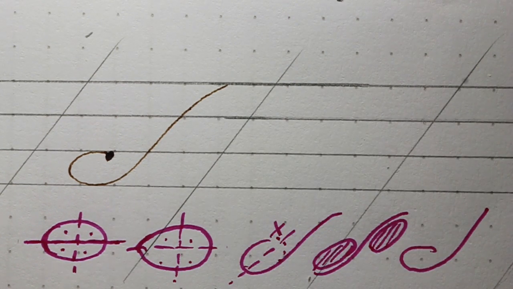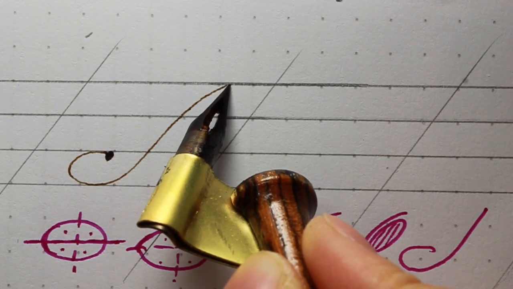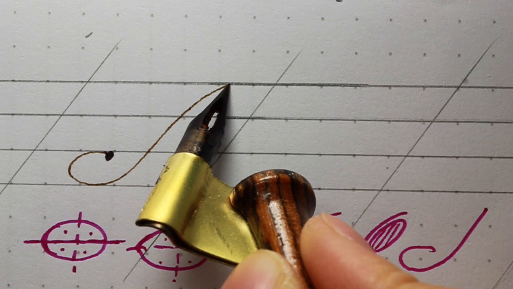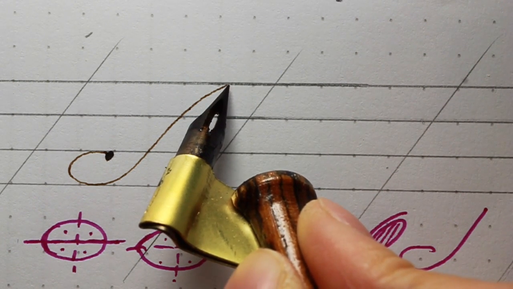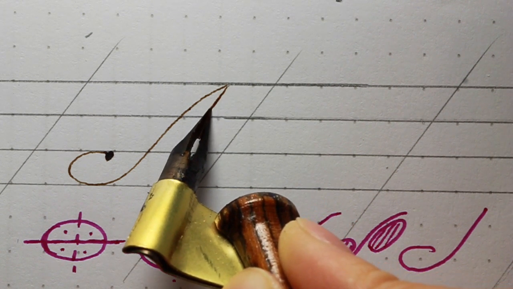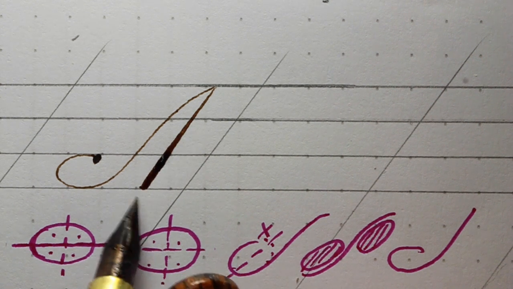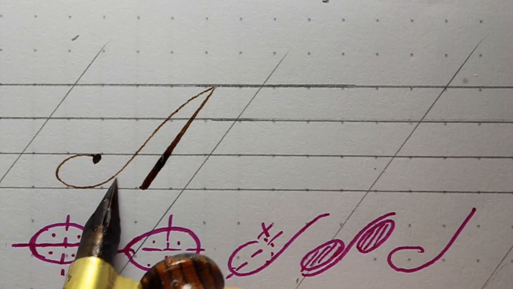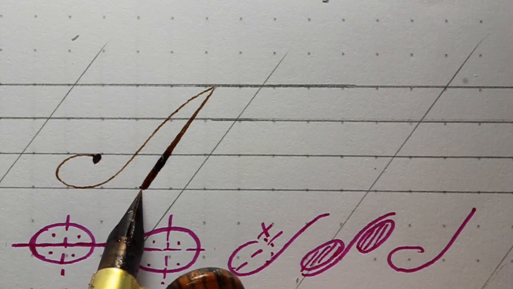The second stroke of the letter A is the shade. It begins where the hairline is meeting the headline. So we're going to shade down on the main slant. The distance between the hairline and the shade is very important.